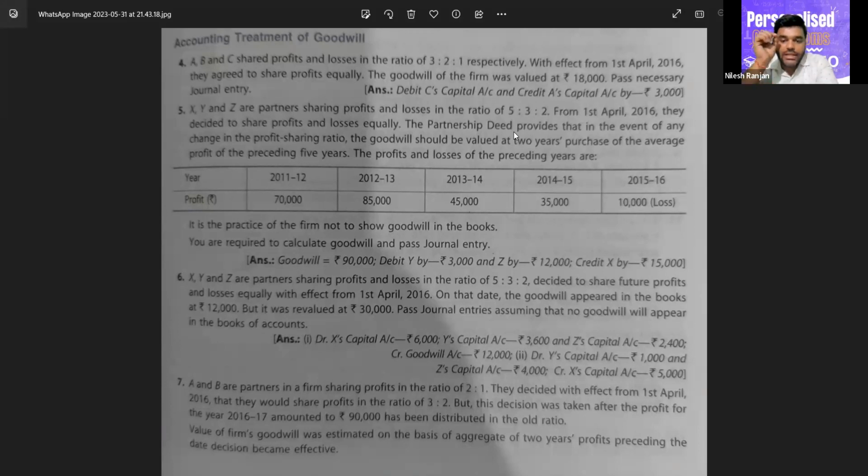Now 3 years' profit is given: 2014-15, 2015-16, and 2016-17, which is already distributed. Now tell me, which years' profit will be used for calculation of goodwill?